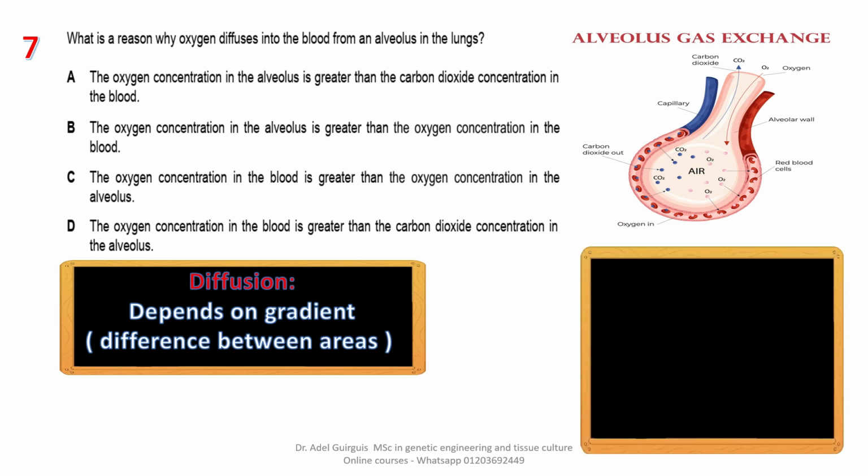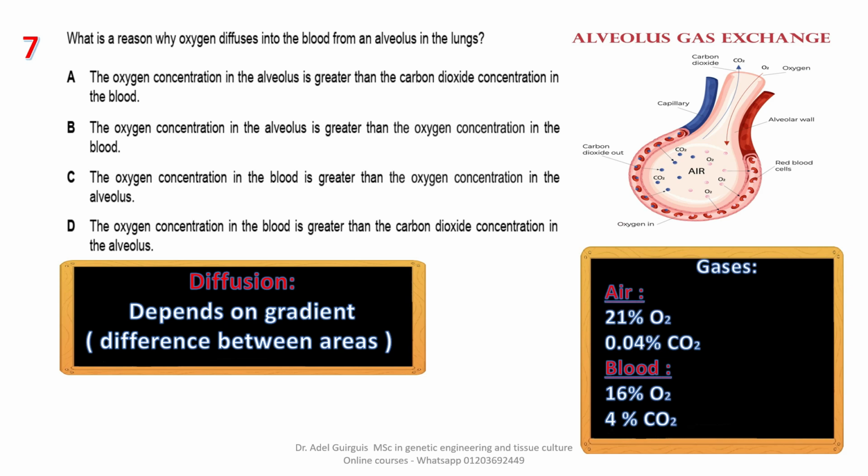What about their concentrations? Air contains 21% oxygen and a little carbon dioxide, 0.04%, while blood carries 16% oxygen. This is deoxygenated blood, although it contains 16% oxygen and 4% carbon dioxide. What about the statements in your choices?